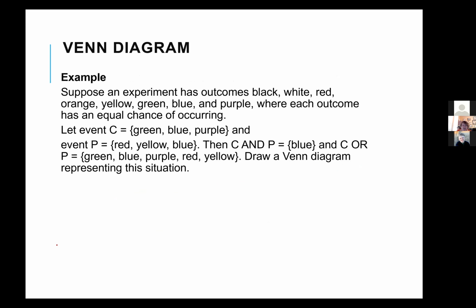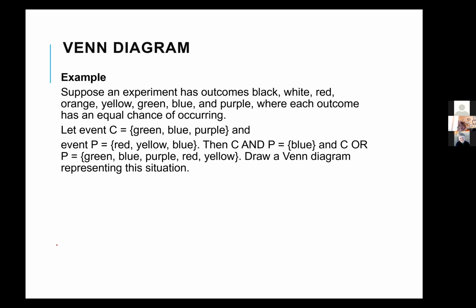We could also do this with this type of an example. Suppose an experiment has outcomes black, white, red, orange, yellow, green, blue, and purple, where each outcome has an equal chance of occurring.